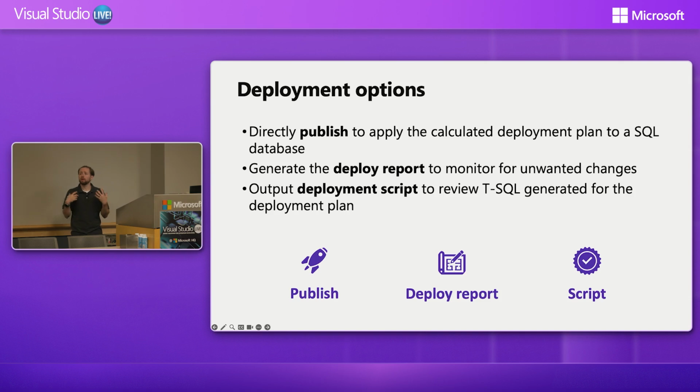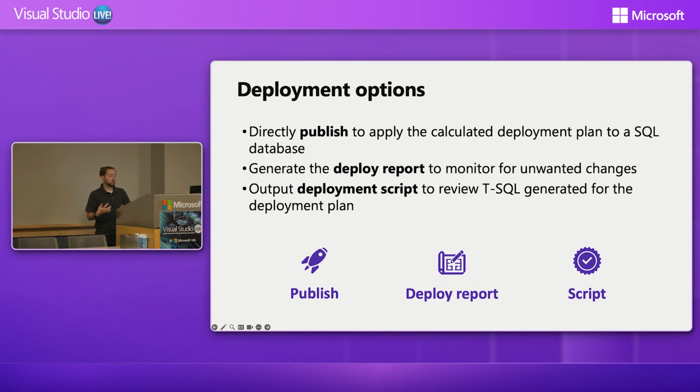Now, the other options, they're varying use cases. The deploy report is an XML output. It's not like a PDF that you could just hand off to someone, although I'm sure you could generate one. But it is a report for machines to read, generally, on what are the changes that are going to happen. The last option is the deployment script.